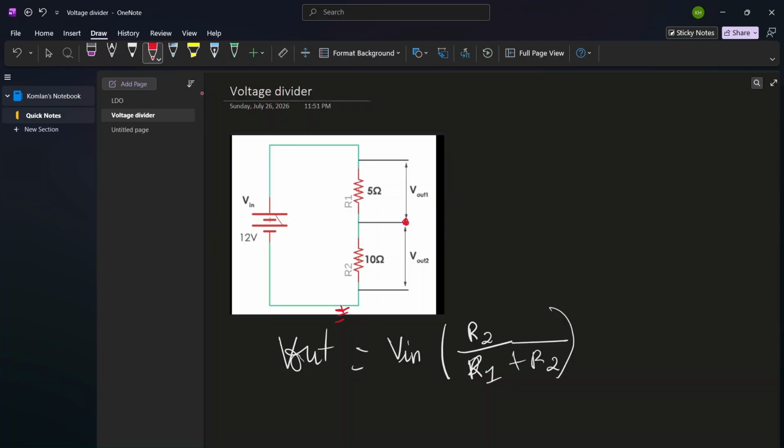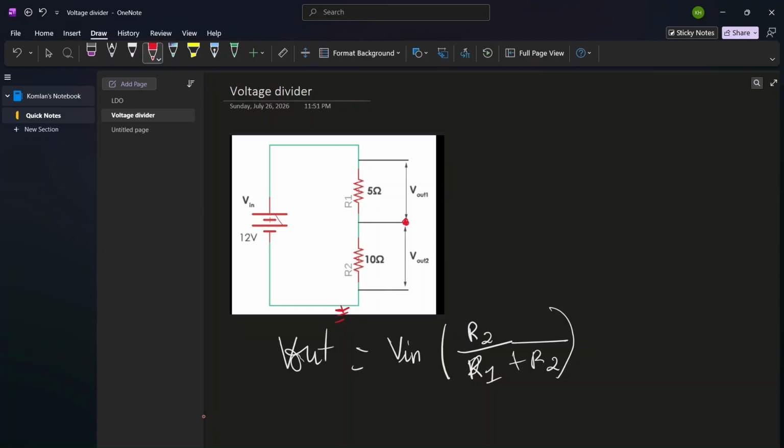So really, I'm always trying to find a more intuitive way to understand this. What is really happening here? One thing I realized with time is, if I'm looking at this, there's a 12 volt source, referenced to ground.